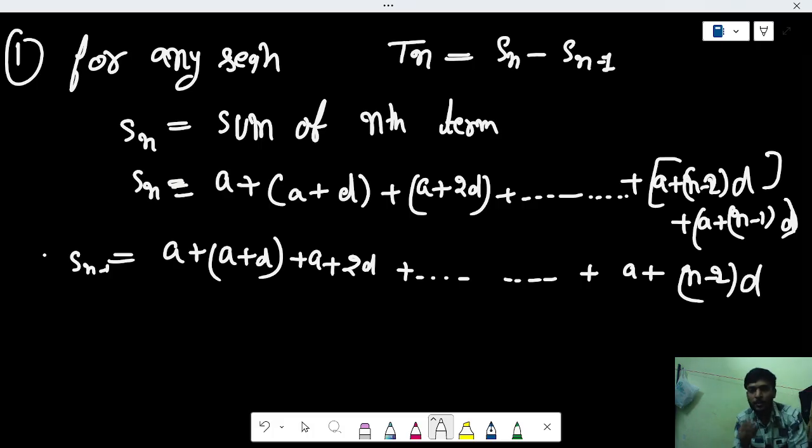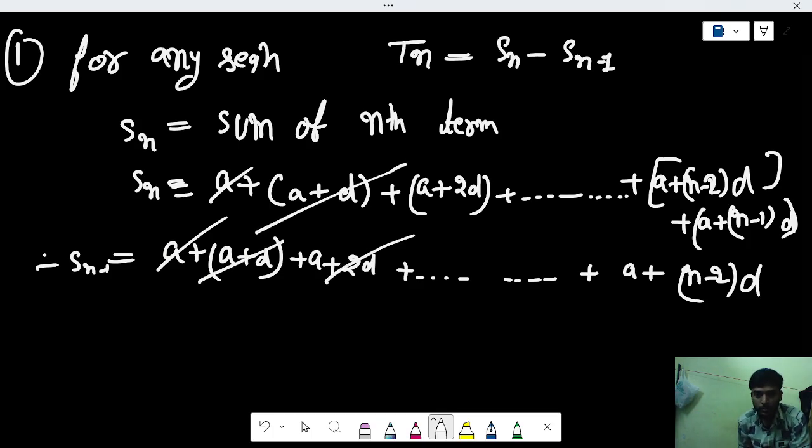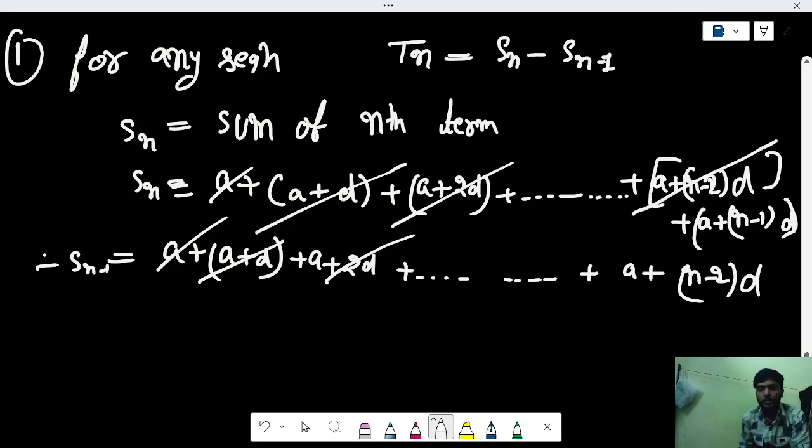If we subtract S(n minus 1) from Sn, then a will be cancelled by a, a plus d by a plus d, and so on, up to a plus n minus 2 into d.